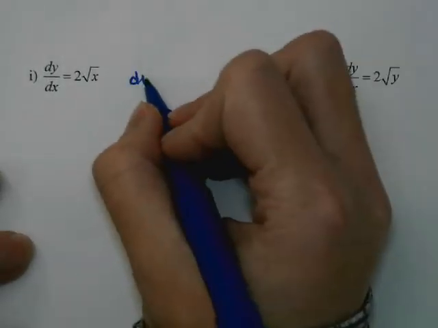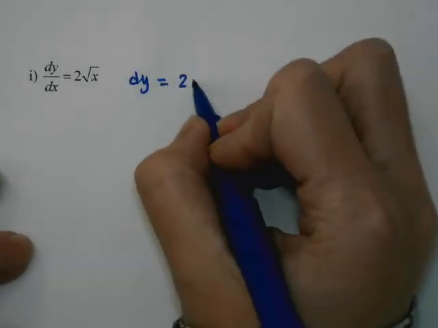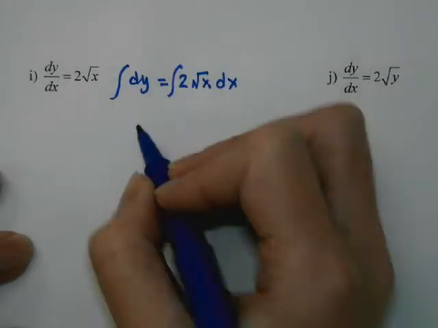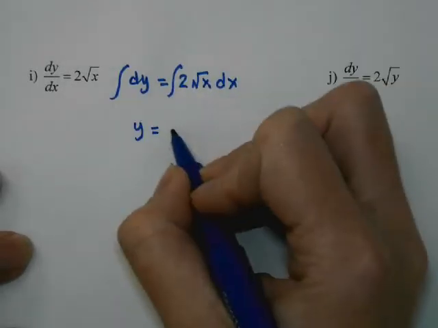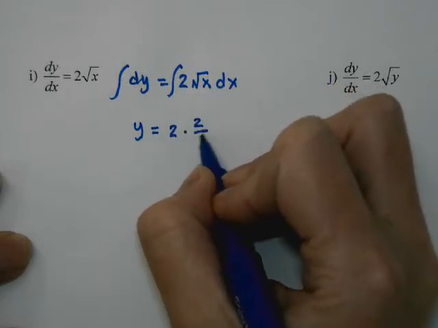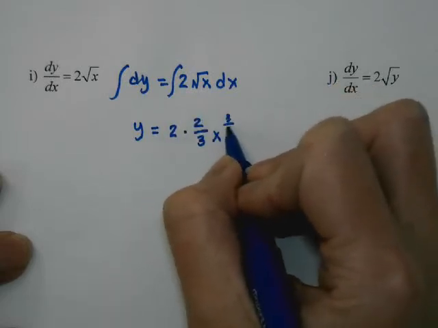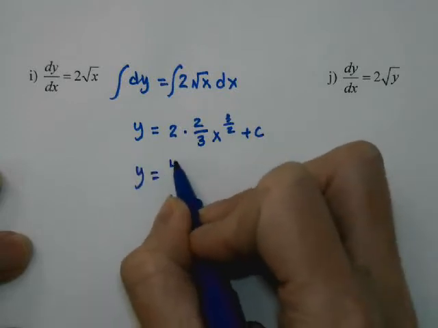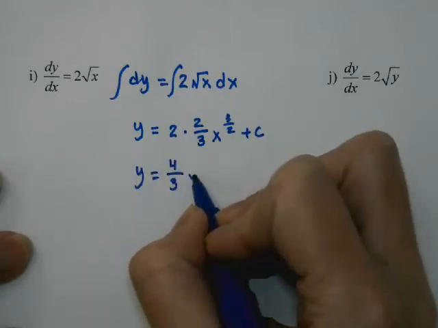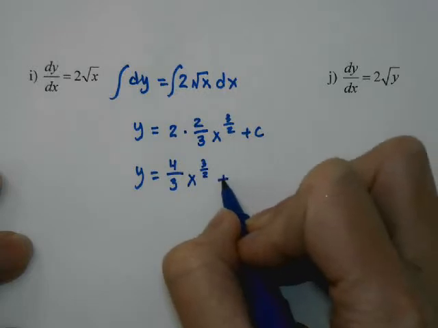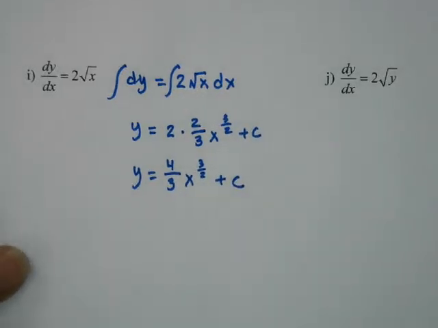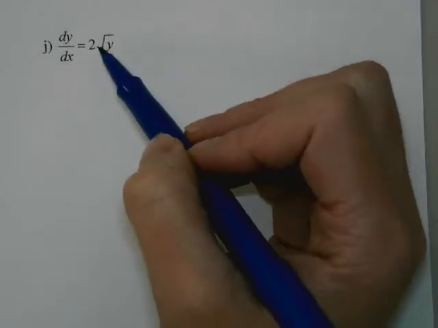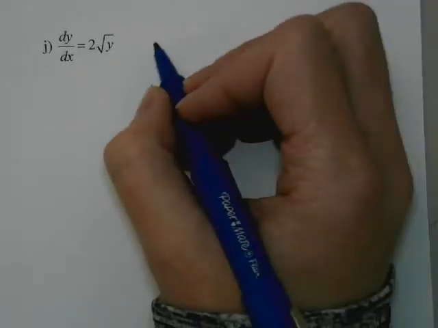Okay, here we're going to have dy is equal to 2 root x dx. So y is going to equal 2 times 2/3 x to the 3/2 plus c. So 4/3 x to the 3/2 plus c. Okay, so here I'm going to divide this over and multiply the x.